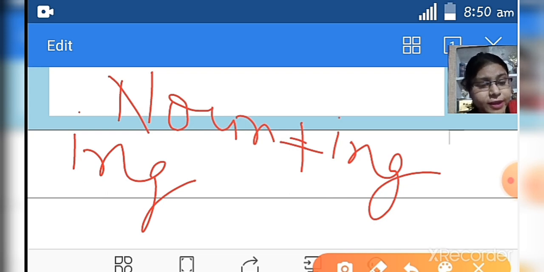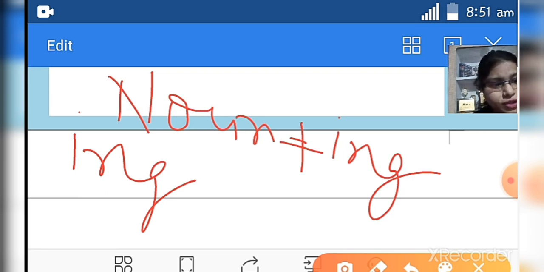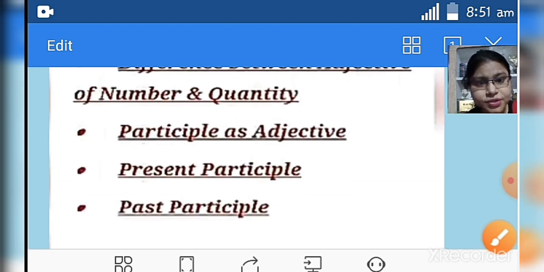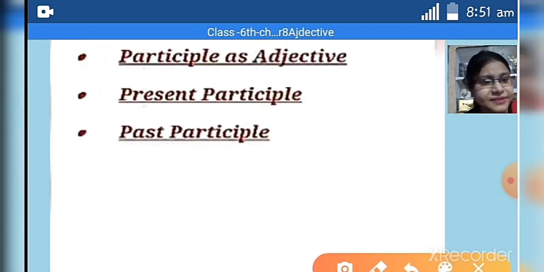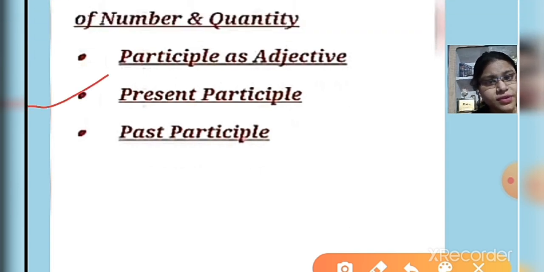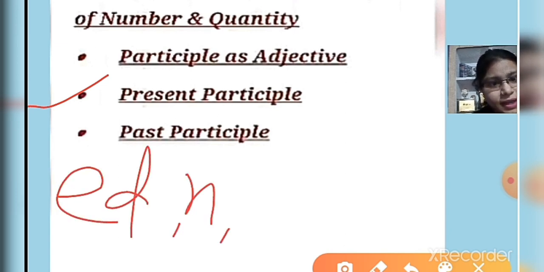Present participles are those types of adjectives in which we use the ing form with a noun and it works as an adjective, and past participles are those in which we have the ed form, then n, and then en, and somewhere we use t also.